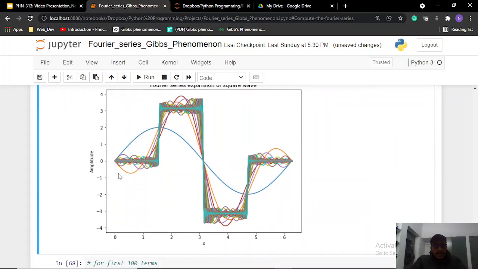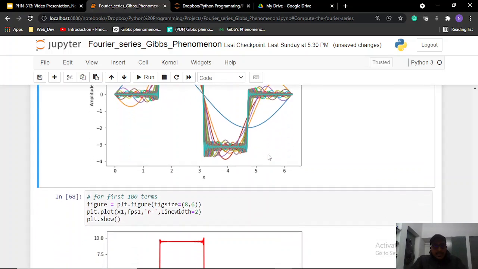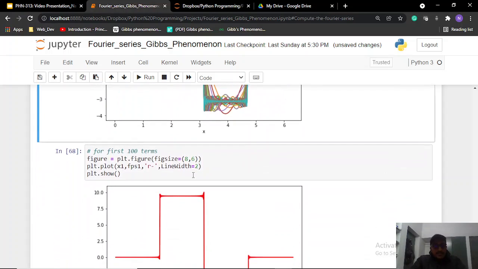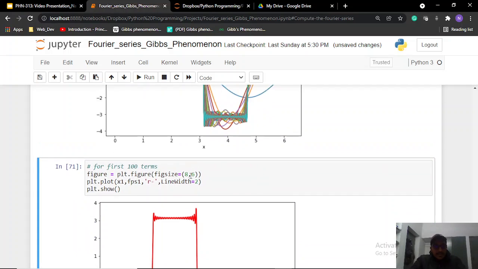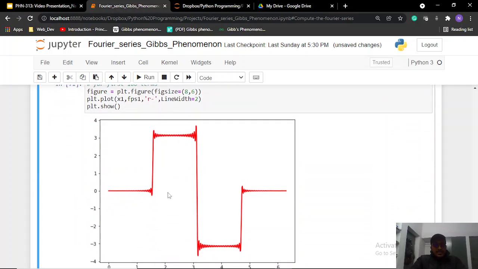The Fourier series approximation would look like this, taking the approximation up to 100 terms. Here we can see that at the points of discontinuity, we are getting a ringing or oscillating effect due to Gibbs phenomenon.